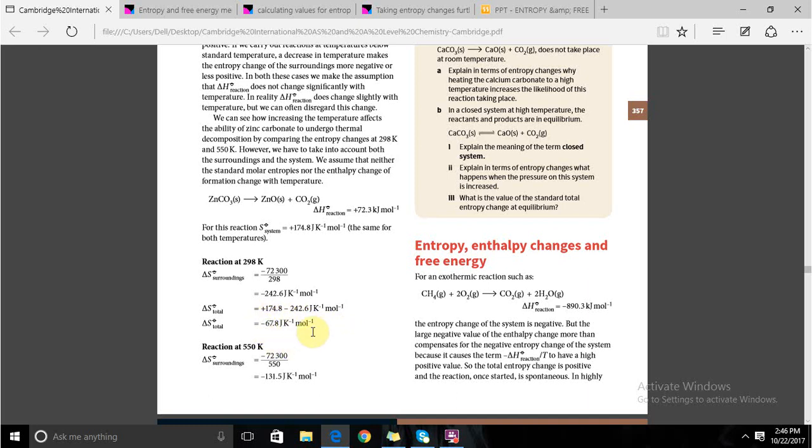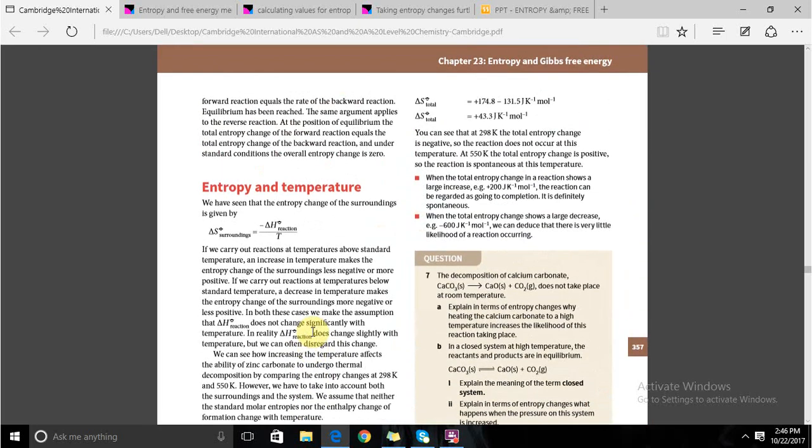However, at a high temperature, say 550 Kelvin, we get a surroundings value which, while still being negative, has a smaller value, and when we sum these two up, we get an overall positive value, and therefore at the higher temperature this reaction is feasible.